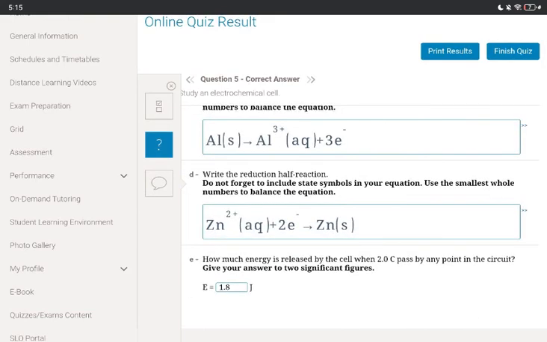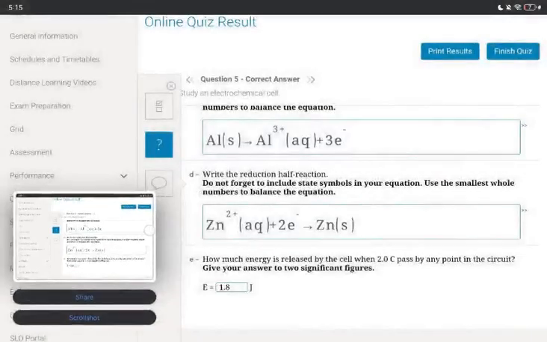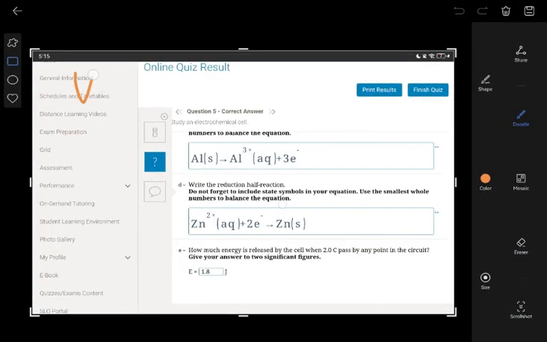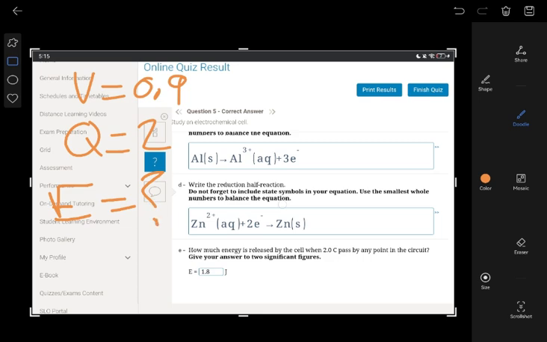So 0.9 equals E over 2. We have V is 0.9, Q or charge is equal to 2, E is equal to question mark. E is the same as W.